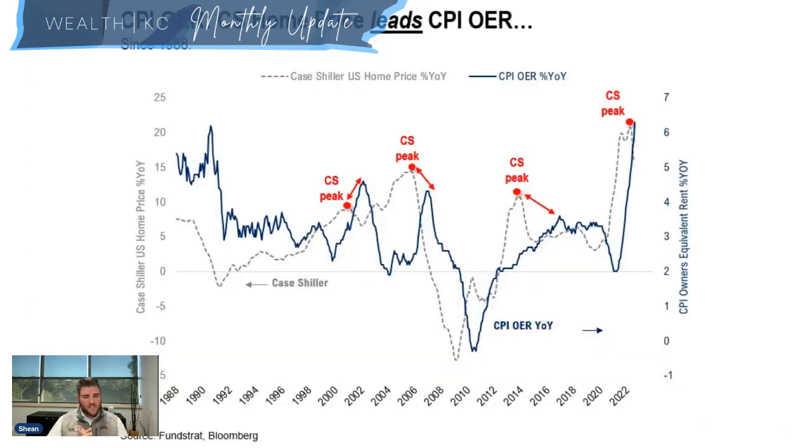So inflation, obviously that's been driving a lot of the conversation here lately. There's tons of things I could show and that we're getting from our research partners about inflation falling. This one from Fundstrat shows how there is typically a peak in home price changes year over year before the peak in core inflation. So you can see in 2000, 2006, 2014, inflation and home prices were increasing.